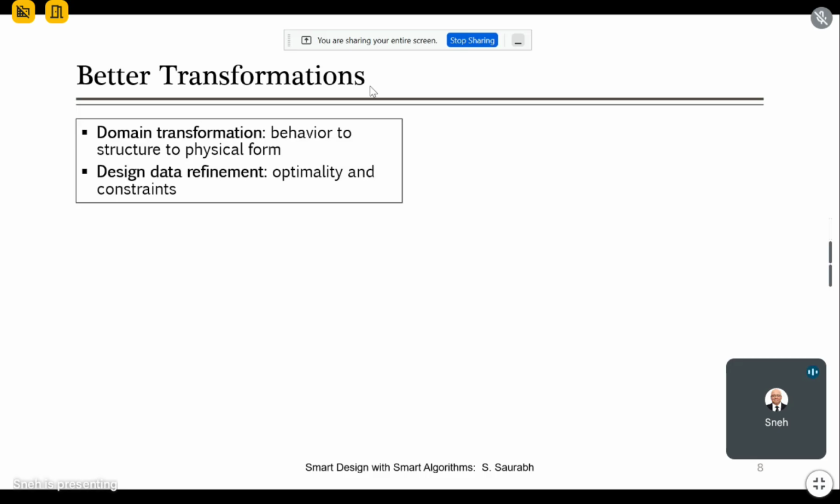And the second thing is that data is being refined as we go through the design flow. The data gets refined and refined. For example, at the level of RTL, we just write A and B. There is no concept of sizing of the transistor at that point of time.